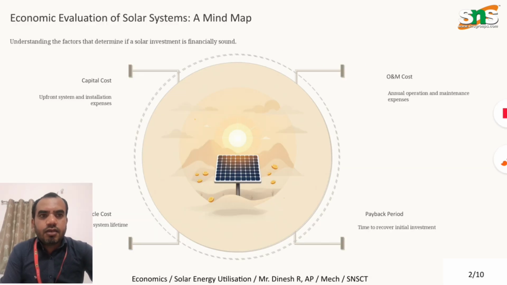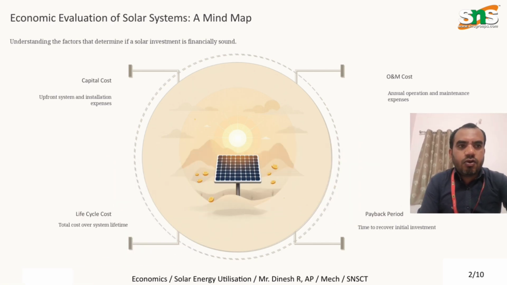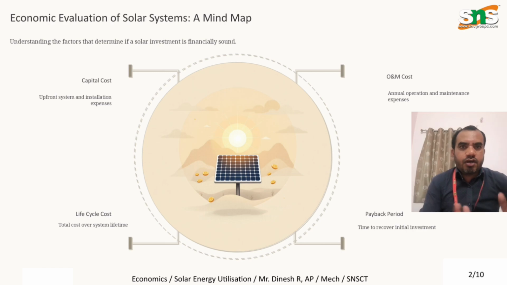So here this is the overall mind map of economic evaluation of solar system. By seeing this we can understand the factors that determine if a solar investment is financially good or not.